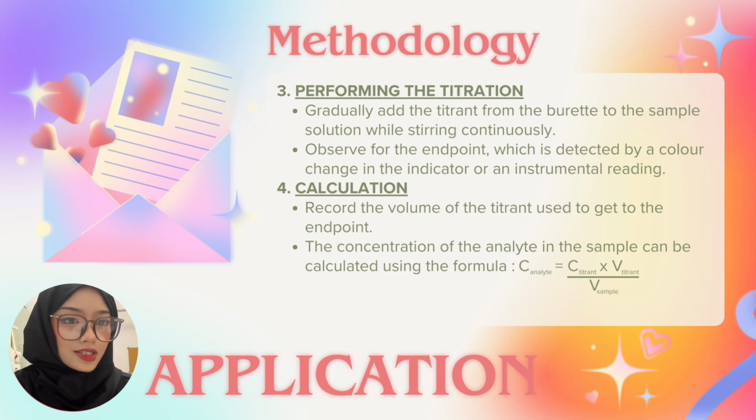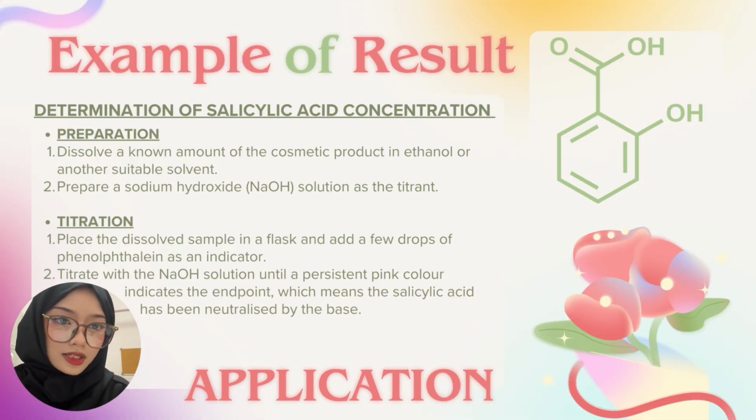Now we're going to come to the last segment under the application topic, which is calculation. The volume of the titrant used to reach the endpoint is recorded, and the concentration of the analyte in the sample can be calculated using the formula shown in the slide, where C represents concentration, whereas V represents volume.